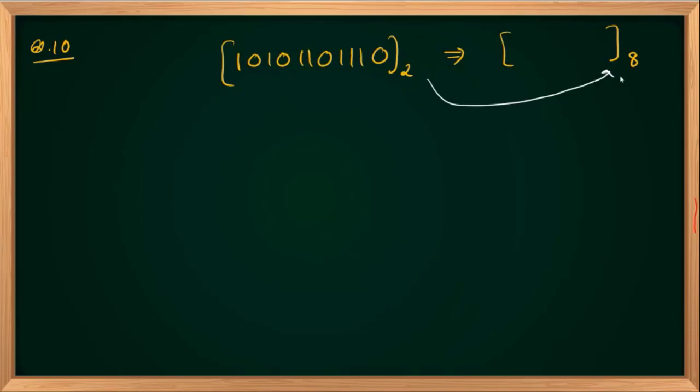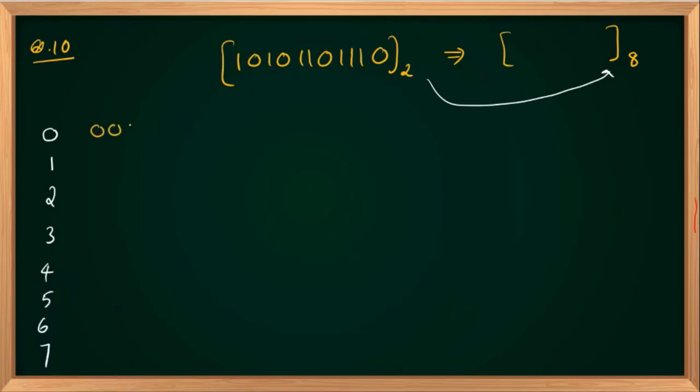Right? So base 8, we know that 0, 1, 2, 3, 4, 5, 6, 7. Total 8 symbols. And to represent a 7, how many binary digits do we require? 3 digits are required, right?